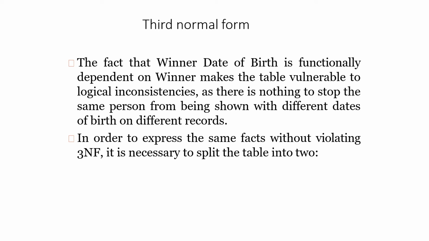In third normal form, the fact that winner date of birth is functionally dependent on winner makes the table vulnerable to logical inconsistencies, as there is nothing to stop the same person from being shown with different dates of birth on different records. So, in order to express the same fact without violating 3NF, it is necessary to split the table into two.